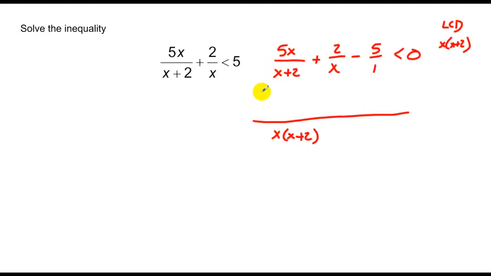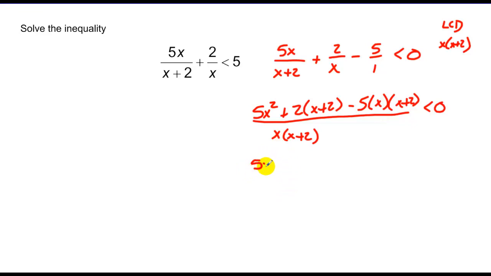Change my numerator. I notice that first term is missing an x, so that's 5x squared. The second term is missing an x plus 2, so that's 2 times x plus 2. And then that last term is missing both, so that's minus 5 times x times x plus 2, less than 0.